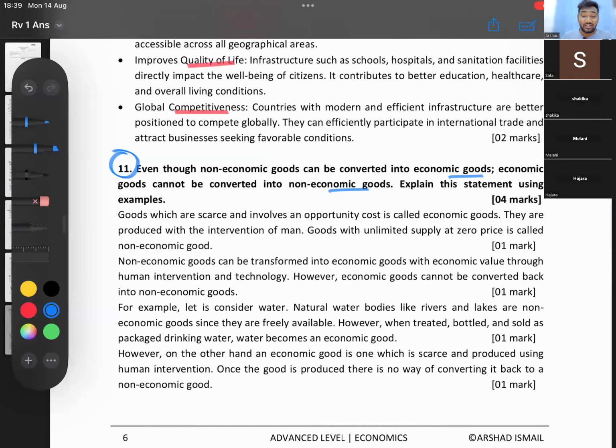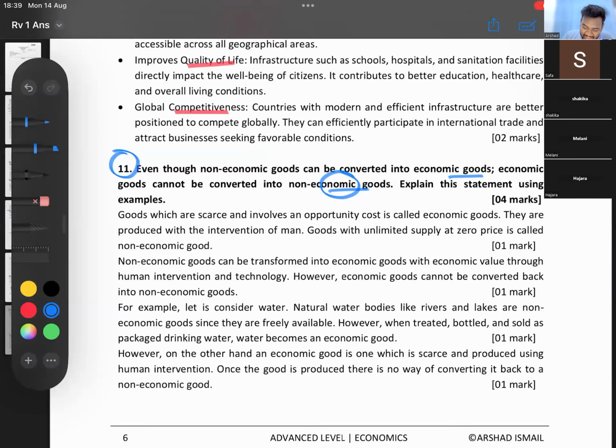Explain this statement using examples. Even though non-economic can be converted to economic, we learned to remember things like bottled water. They are non-economic goods. Can it be converted to economic? Yes. Economic goods cannot be converted to non-economic. Explain the statement. So you need to explain, guys.